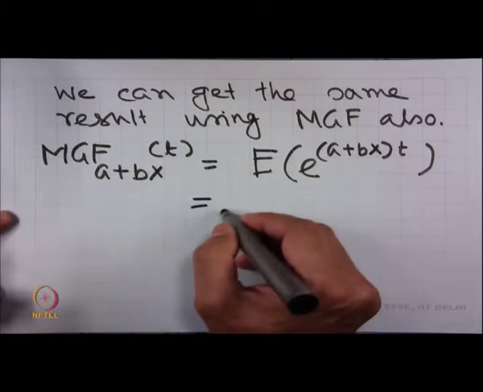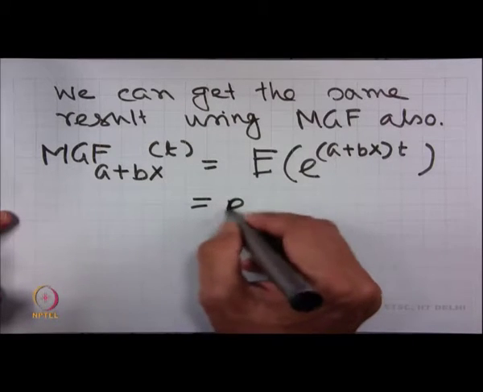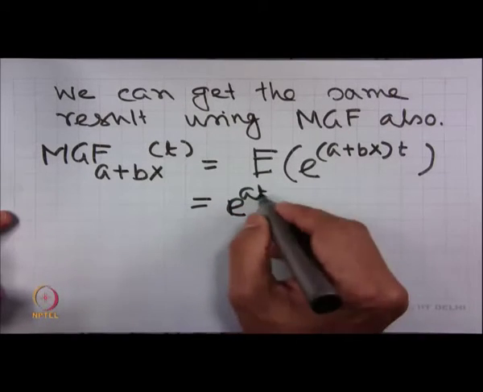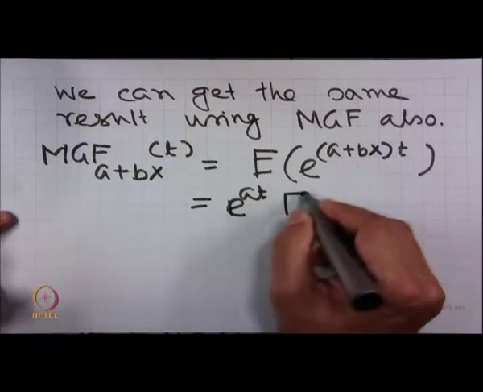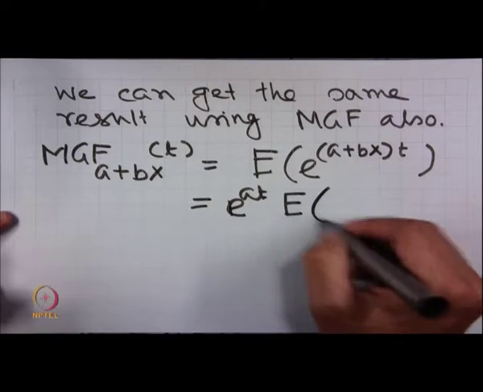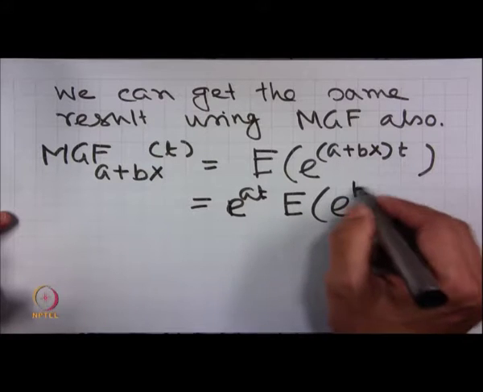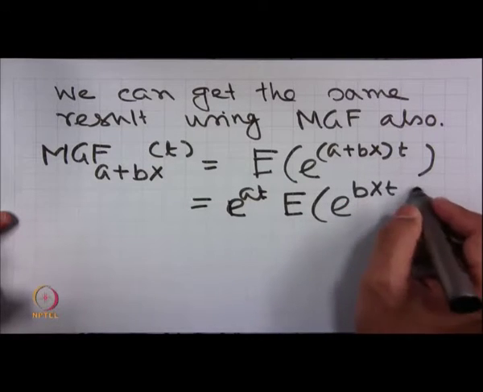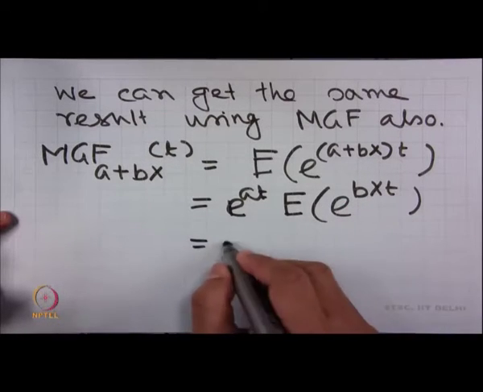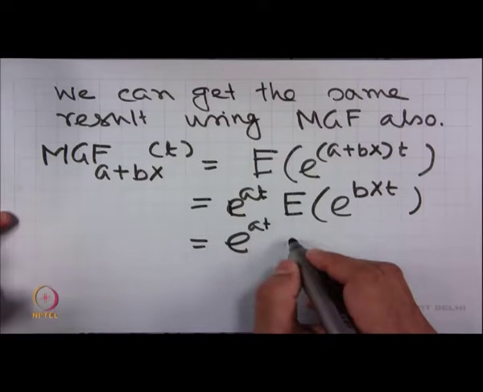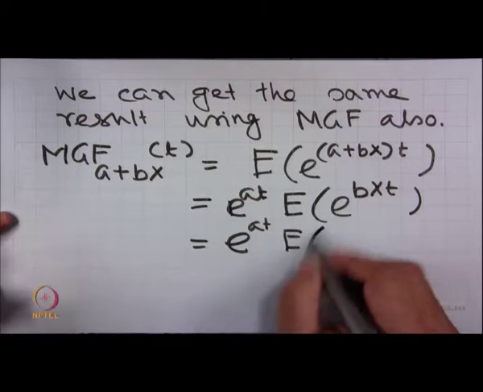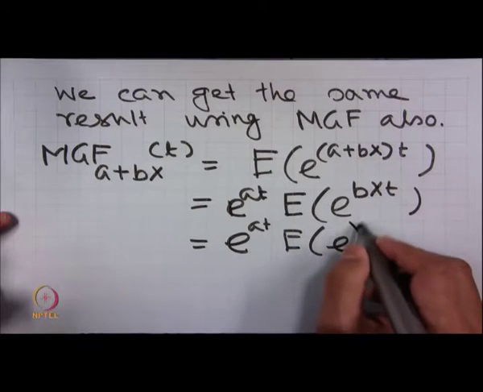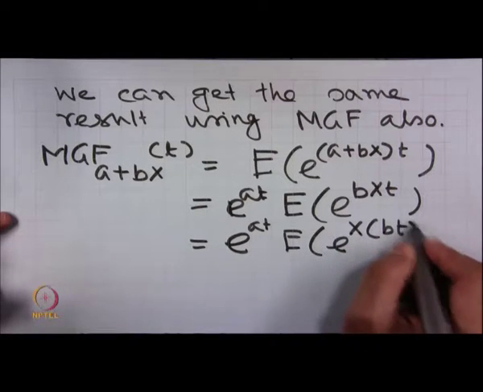This is equal to e to the power a t multiplied by expected value of e to the power b x t, which is e to the power a t into expected value of e to the power x into b t.